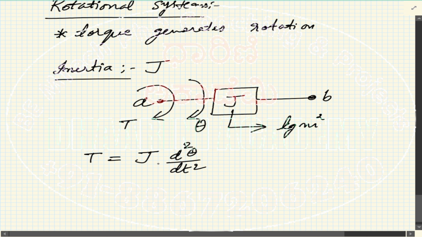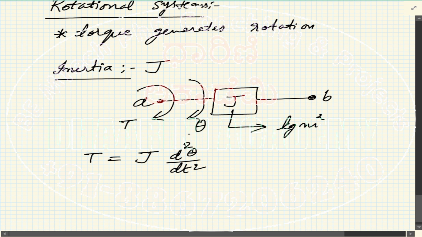J into d square theta by dt square, correct. That's how we try to represent it. Since the rotational motion is brought into the picture, the appropriate terminologies have been used. So force becomes torque. Inertia was mass earlier, and we had x of t, which is a displacement.